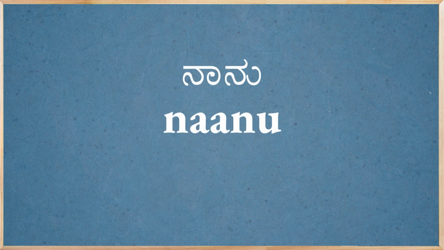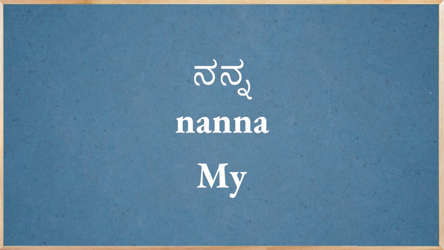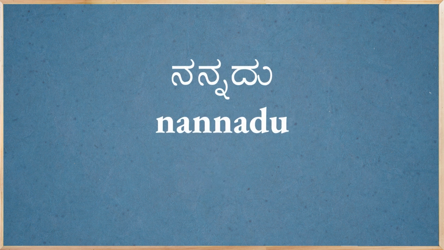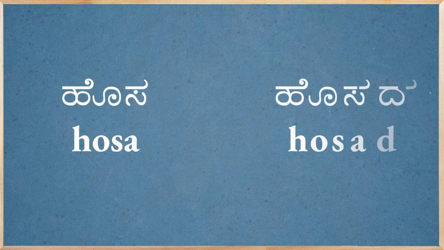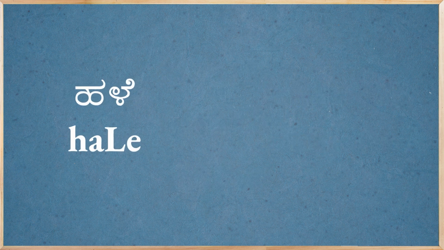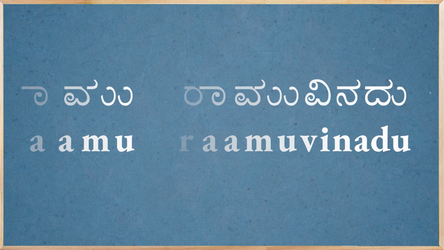For example, Nanu means I, changes to my, Nanna, and then to Nannadu. Nannadu means mine. Hosa, hosadu, hale, haleyadu, Ramu, Ramuvinadu means Ramu's.